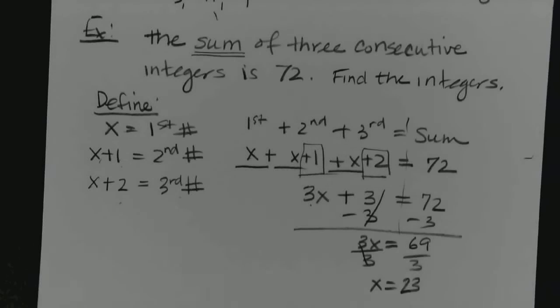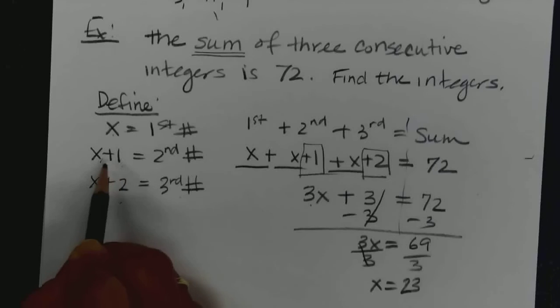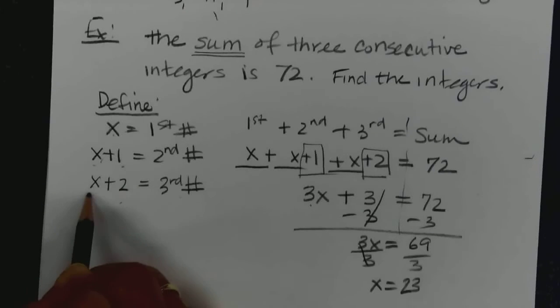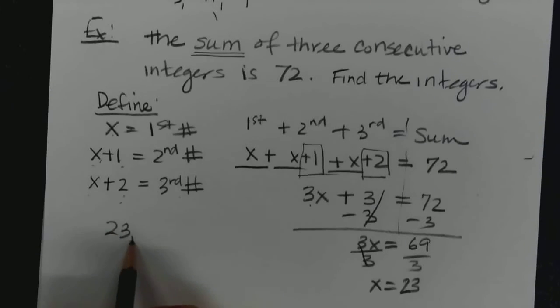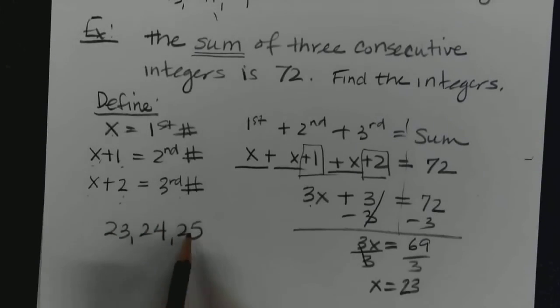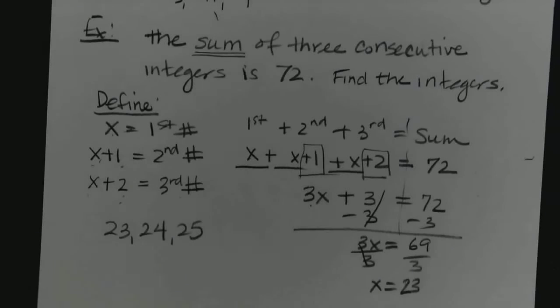All right, so what are my consecutive integers? 23, 24, 25, right? 23, add 1, 24, 23 plus 2 is 25. So my numbers are 23, 24, 25. Those three numbers add up to 72. Is that true? Do they add up to 72? Yes?